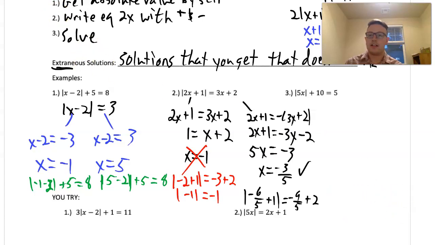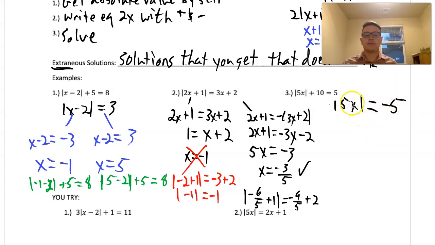Right, and on to this last one. We have absolute value of 5x plus 10 is equal to 5. We change that, so we solve by getting the absolute value by itself. We get 5x is equal to negative 5. Now at this point you might be tempted to say, okay, we're good to go. But let me ask you, can something ever be a distance of negative 5 from 0?